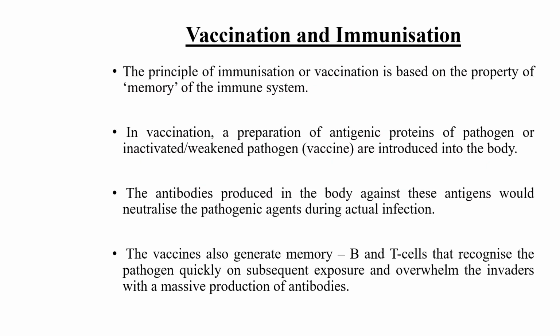Now the next topic is vaccination and immunization. So what is the principle of vaccination? The principle of immunization or vaccination is based on the property of memory of our immune system. We have discussed so many times that our immune system memorizes a particular antigen very quickly, and after memorizing, for a secondary response, our immune system gets ready with the antibody reaction for that particular pathogen or antigen.